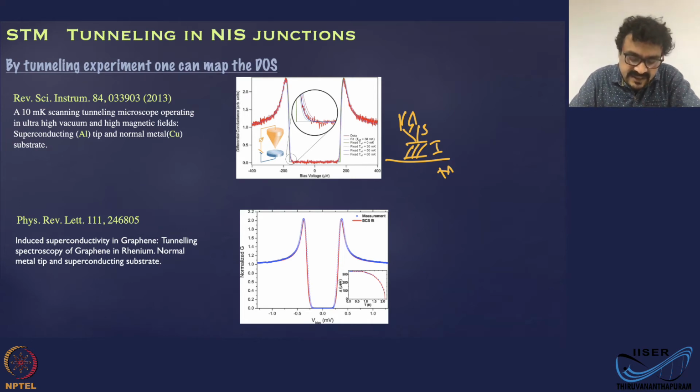And what you can see is the conductivity is 0, and then it's going to pick up once you cross the superconducting gap. So the flat region in the middle corresponds to 2 delta by e. You can do the same measurement just by having a normal metal tip and a superconducting substrate or surface. That is also going to give you the same information.